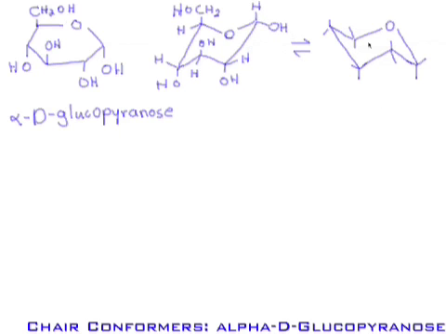You can tell that this OH would now be down. This OH would be equatorial. This OH would be equatorial. This OH would be equatorial. And the CH2OH would be equatorial.